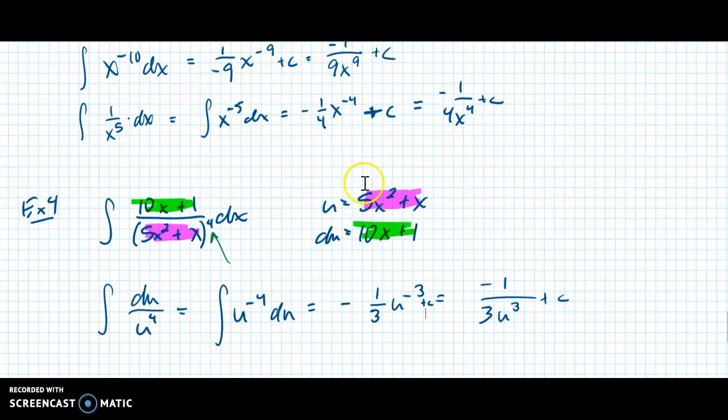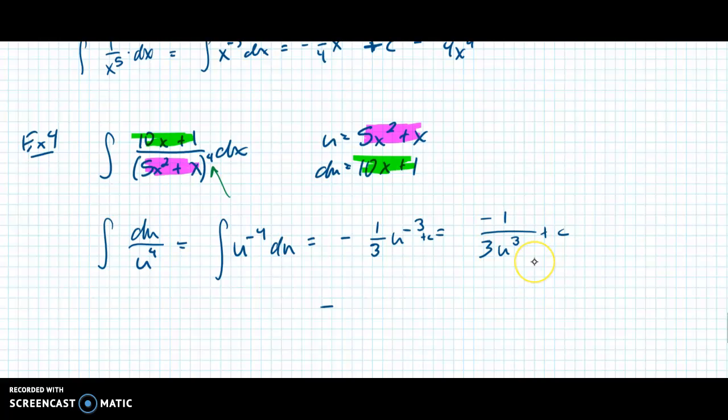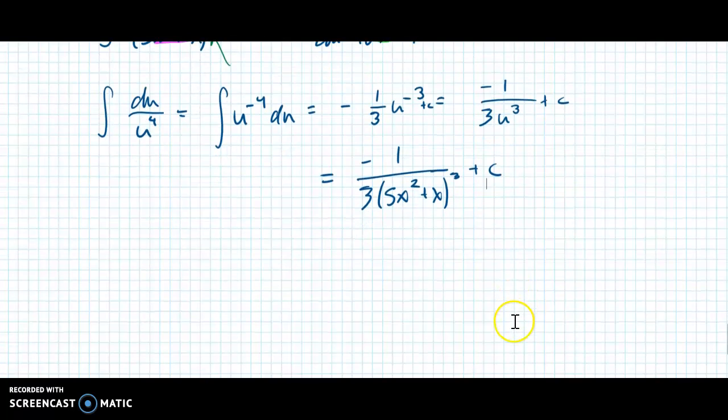Then I can sub my u back in, so I get at the end negative 1 over 3, open parentheses, 5x squared plus x, close, cubed, plus a constant.